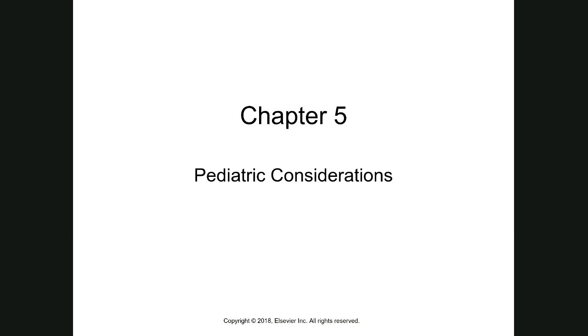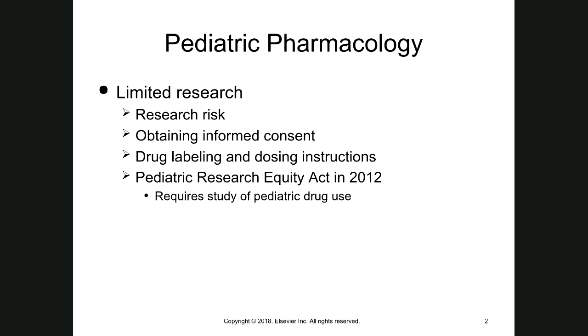All right, good morning. What we're going to be doing is going over chapter 5, dealing with pediatric considerations. You want to look at the objectives and the terminology, and you want to make sure you're looking at the different patient safety, look at their culture, look at their age.